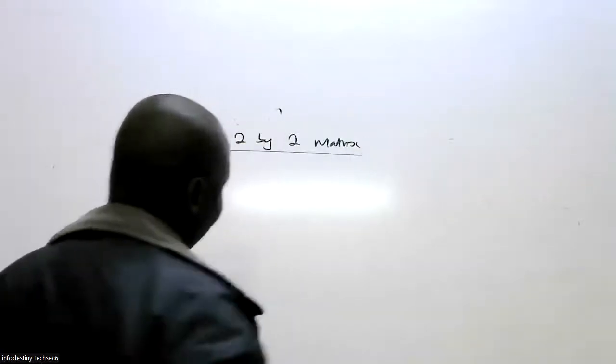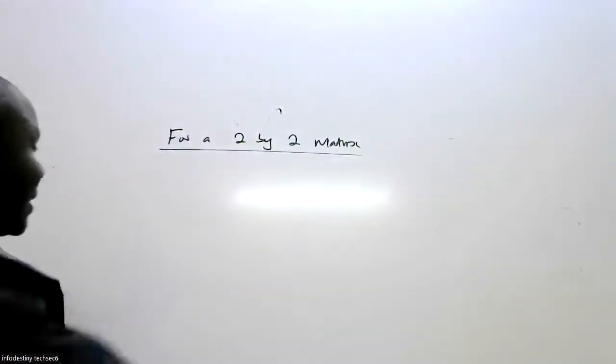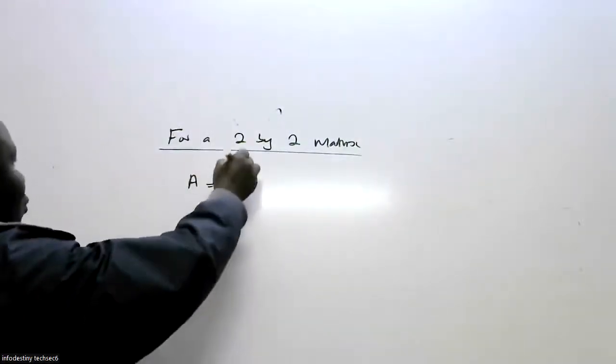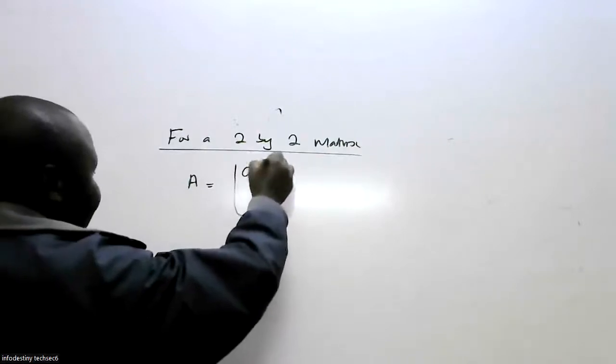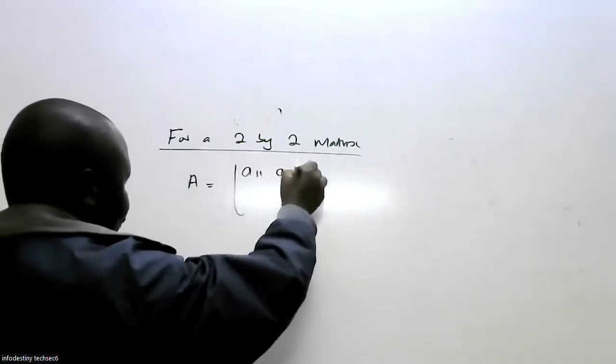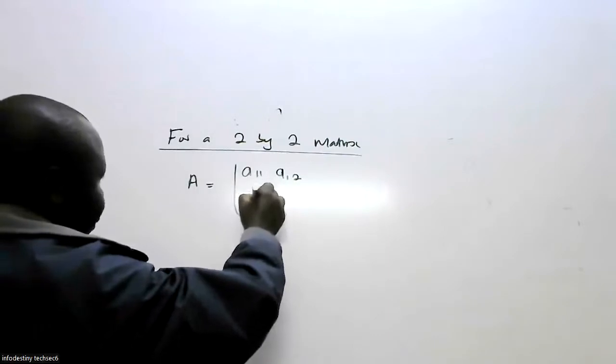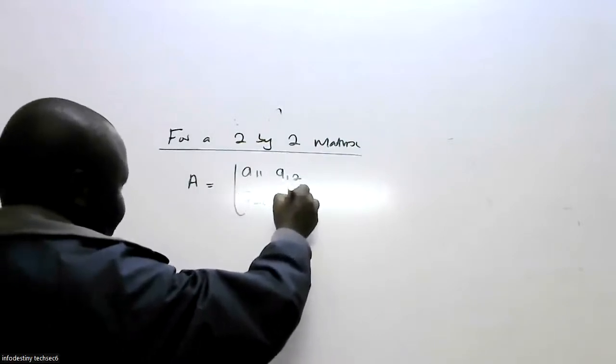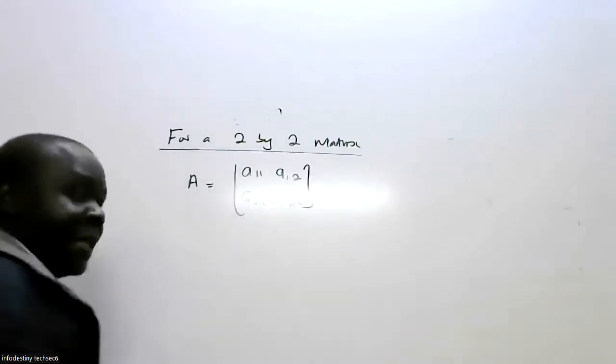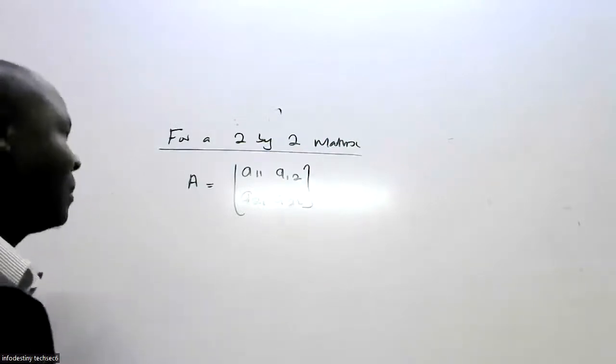Now, assuming that we have a matrix A, which is going to be A11, A12, A21, A22. This is a square matrix, a 2 by 2 matrix.